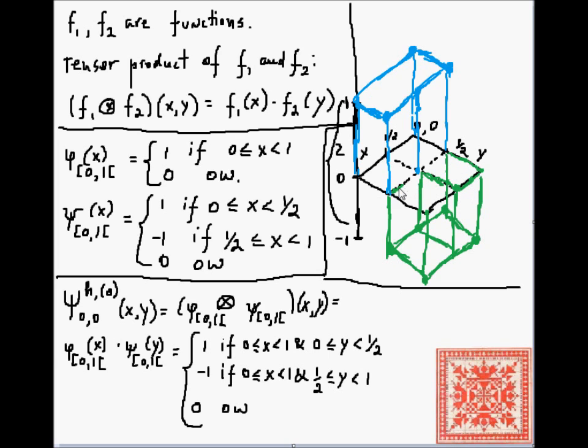Okay, so that's what it is pictorially. This horizontal wavelet, in terms of matrix representation, for example, is 1 1 and minus 1 minus 1. So it's the change from the left to the right.